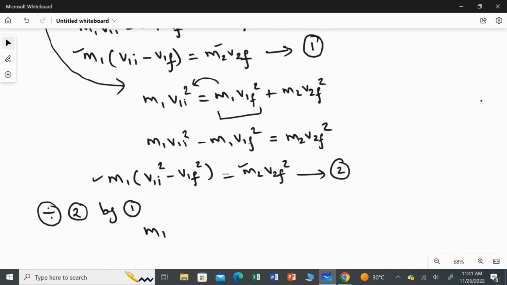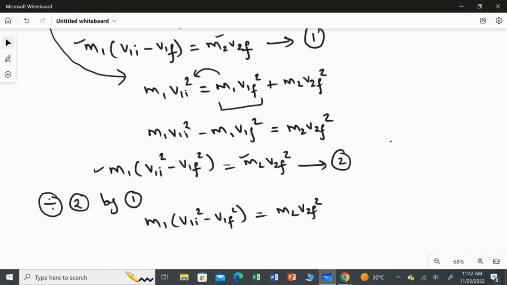So M1 (V1 initial square minus V1 final square) is equal to M2 V2 final square. Now I have to divide this by our first equation, M1 (V1 initial minus V1 final), and here also M2 V2.